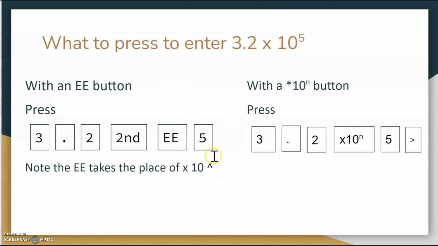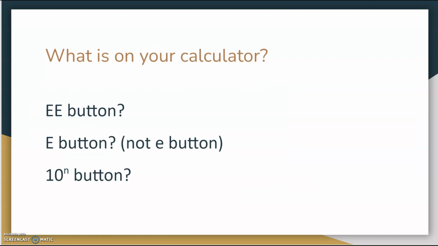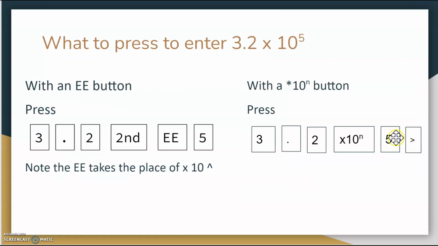If you don't have an EE button and you have something like mine, which has a times 10 to the nth button, this is what you press. 3.2, and then I hit the button that says times 10 to the nth, and then 5. And on my calculator, I also have to hit this circle here to the right, because if I don't do that, I will still be typing in the exponent spot.